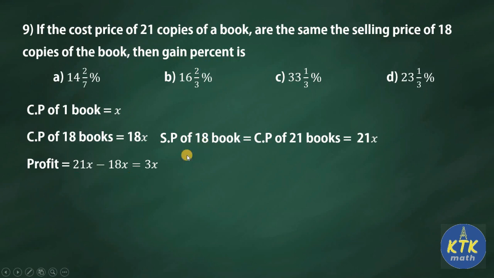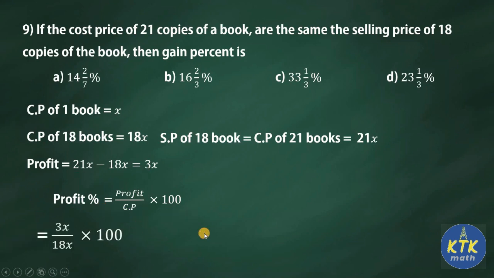What is the formula for gain percentage? As usual, profit percent equal to profit by CP into 100. So substitute the values, it's very easy. Profit is 3x, cost price is 18x, into 100. Make sure that I am substituting the value of 18x only, okay, not 21x. The cost price of 18 books only I am comparing. Therefore the cost price of 18 books is 18x. So 3x by 18x into 100.